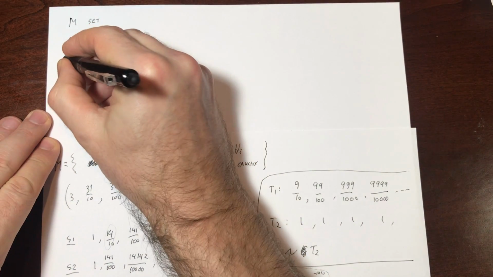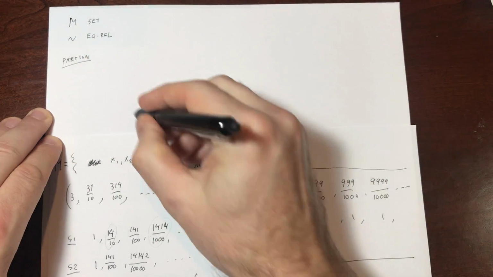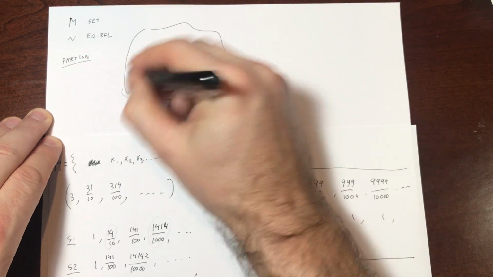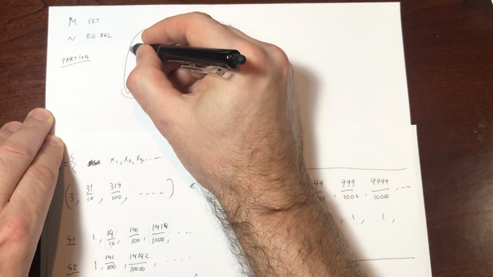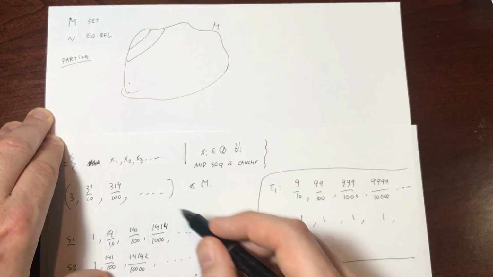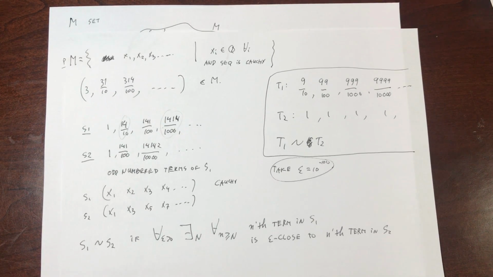So let's say here is the set M, and you get a partition where everything that satisfies this equivalence relation is in the same class.